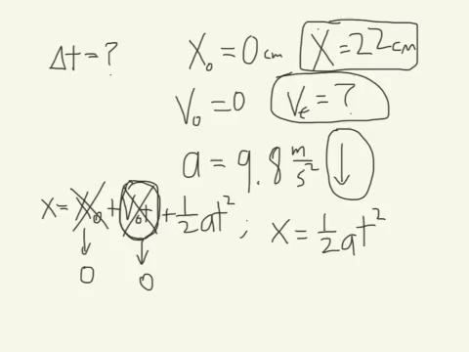Now it becomes much more manageable to solve for t. I'm going to try to isolate t here. I'm going to move a from the top on the right to the bottom on the left, and to get rid of that half, I'm going to multiply both sides by 2.